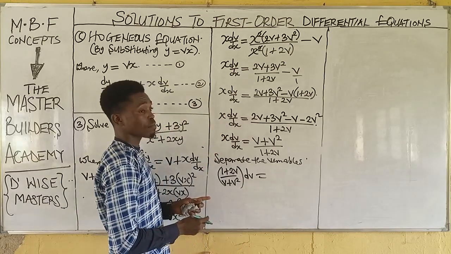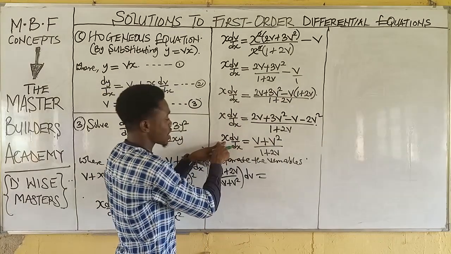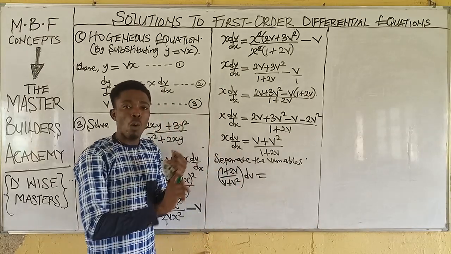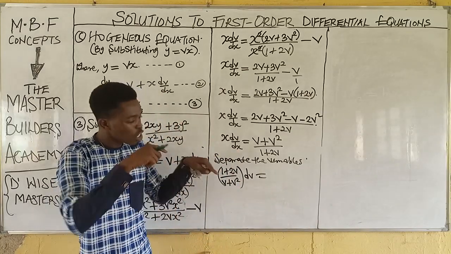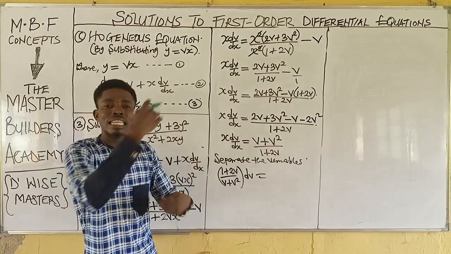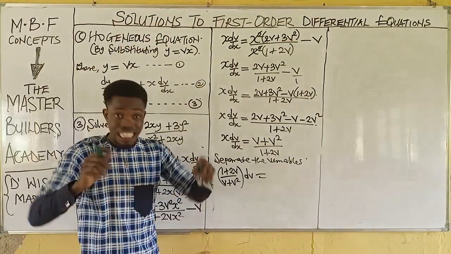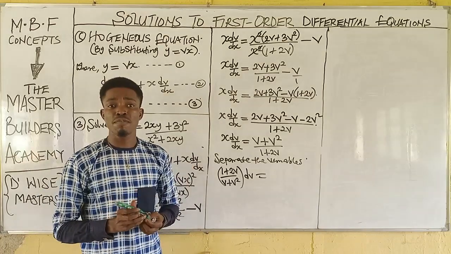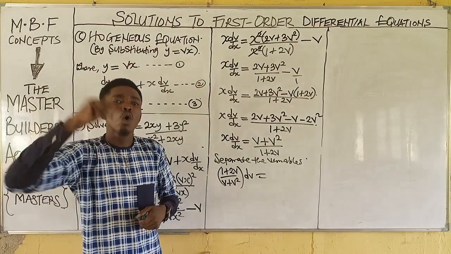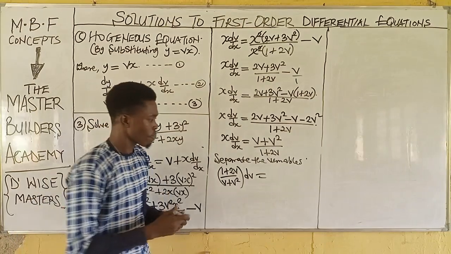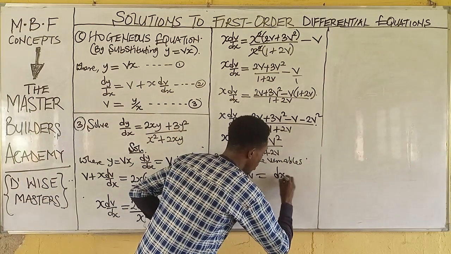Then from the x function, the x will come up, x function will come down. If you look at question number 1, question number 2 that we saw before this question number 3, you will discover that at the right hand side, when we separate the variables, you always have dx over x. It will always be like that anytime you are solving first order differential equation using homogeneous equation. Are you there? Yes. So this is giving us dx over x.